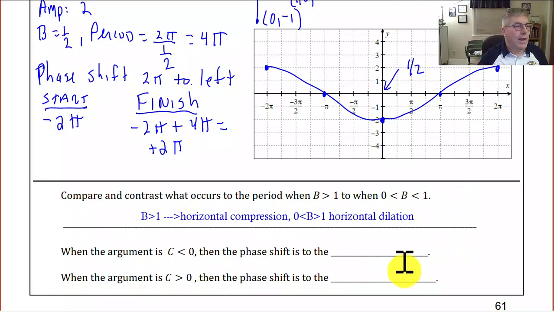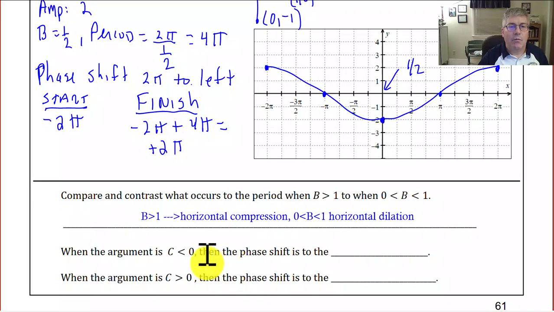And when b is between 0 and 1, and I need to correct my inequality here, we have a horizontal dilation. So in example 2, b was 1/2, and that extended it out, that doubled the length of the period. So I'm going to go ahead and correct this now. There you go. There's the correct inequality.